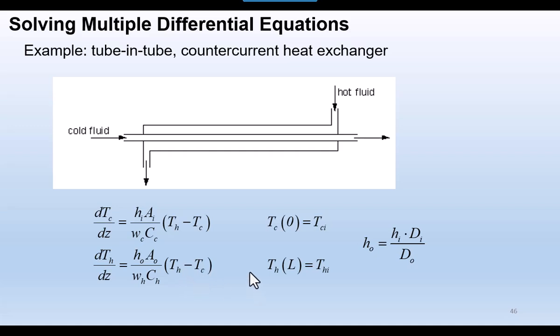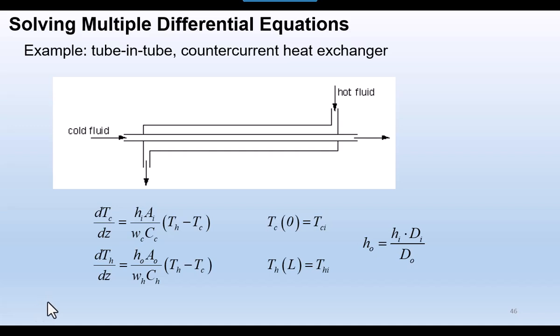Also, for energy conservation, the heat transfer coefficient here based on inside area and the heat transfer coefficient based on outside area are related as a single overall heat transfer coefficient, and the relationship is given over here using the ratio of the diameters.